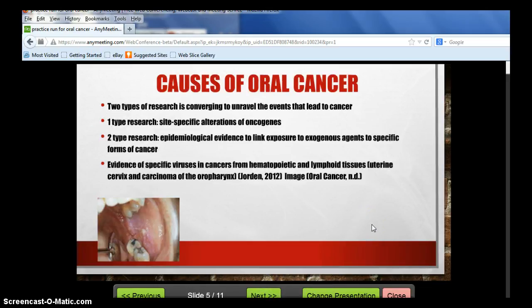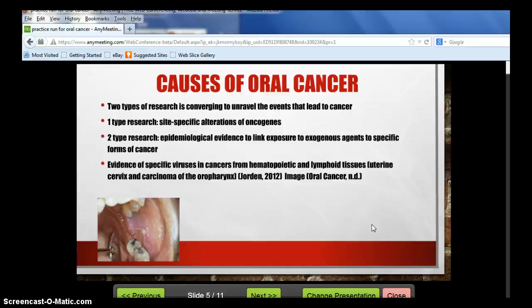Causes of oral cancer. There are two types of research that are converging to unravel the events that lead to cancer. One type of research is site-specific alterations of oncogenes. The second type of research is epidemiological evidence to link exposures to exogenous agents to specific forms of cancer.